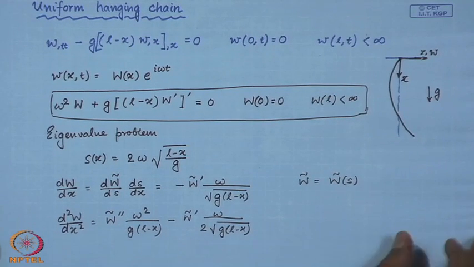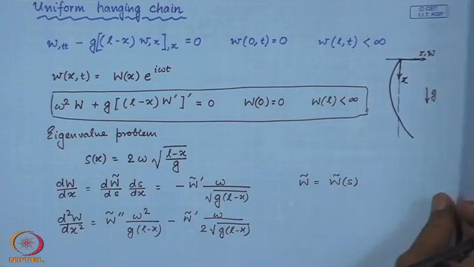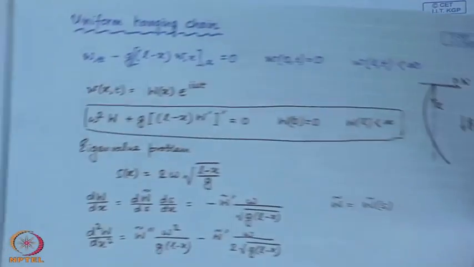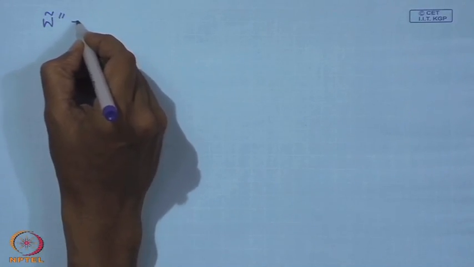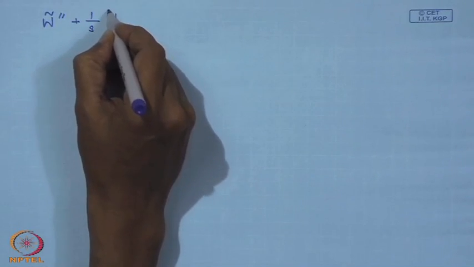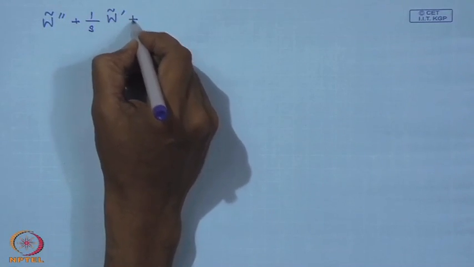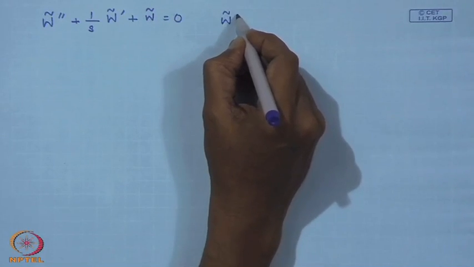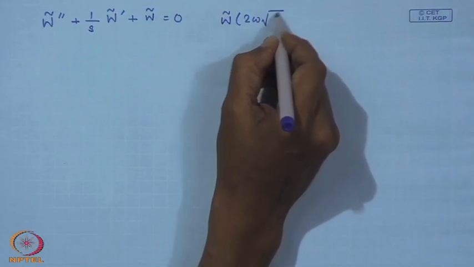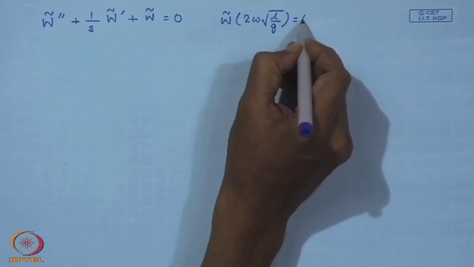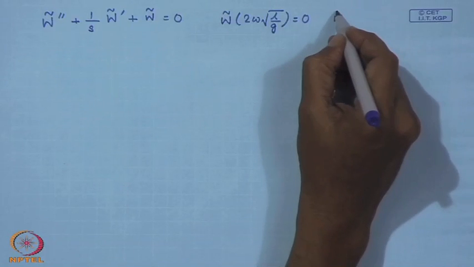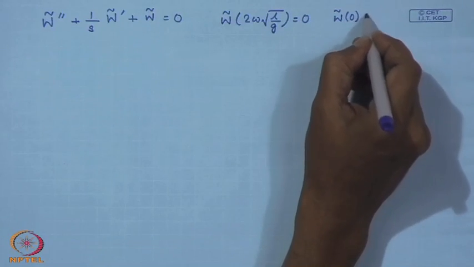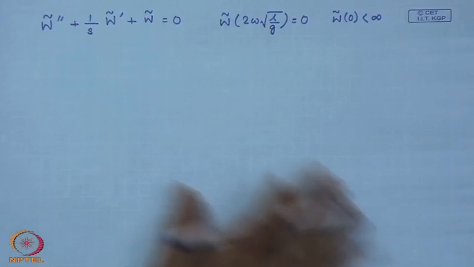Now, having done this, if you substitute back in the equation and convert this equation in terms of s, then what you obtain is, with the boundary conditions, this can be checked very easily.